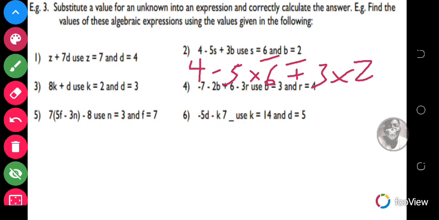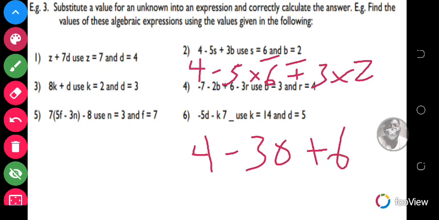Let's calculate the multiplication first before we do the addition and the subtraction. We have 5 times 6, which is 30, plus 3 times 2, which is 6. After that we simplify.